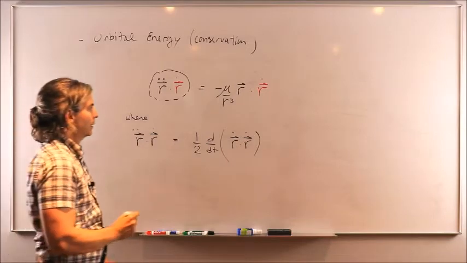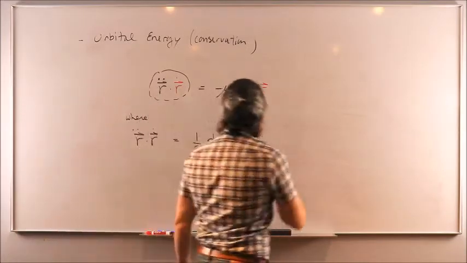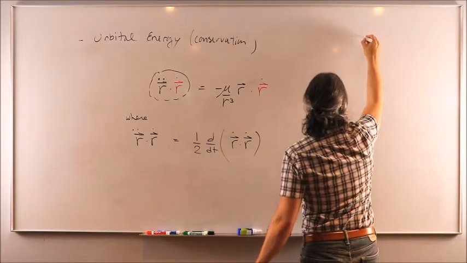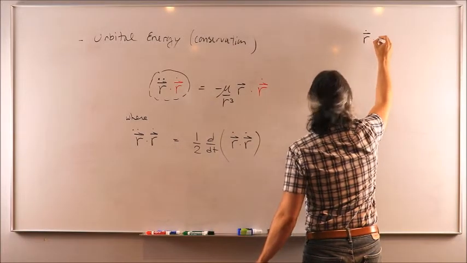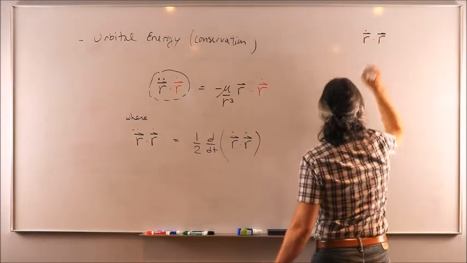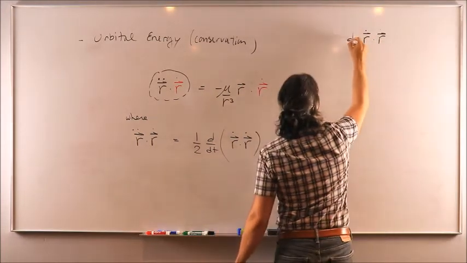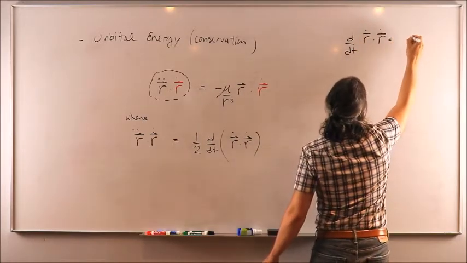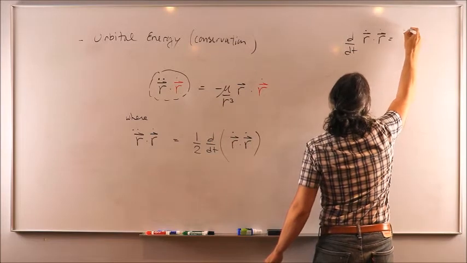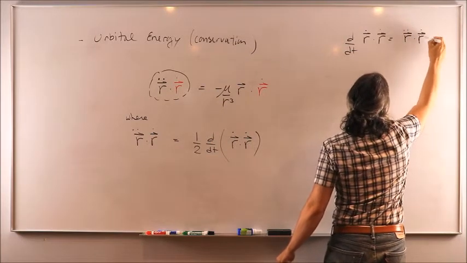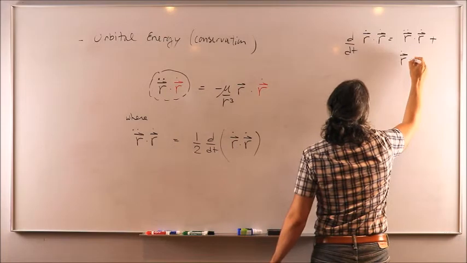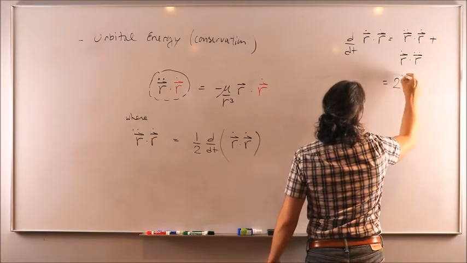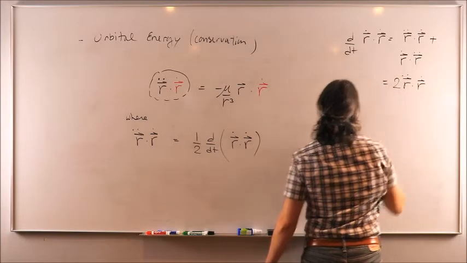If you're not sure that makes sense, you can try out the right-hand side and see if it works. If you have r dot and you do the time derivative, by the chain rule you get r double dot dot r dot plus r dot dot r double dot, or in other words, 2 r double dot dot r dot.